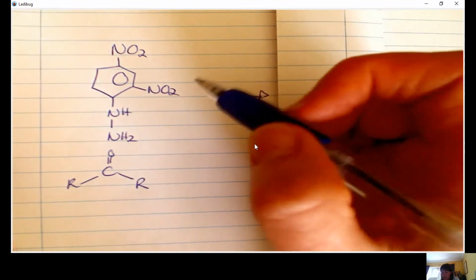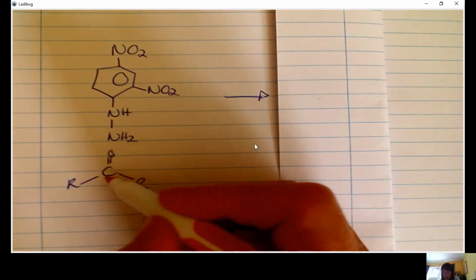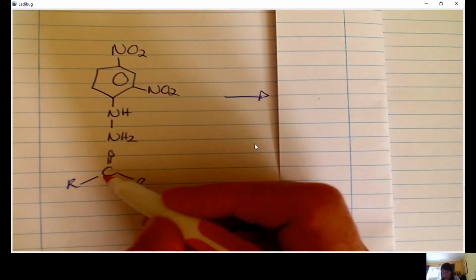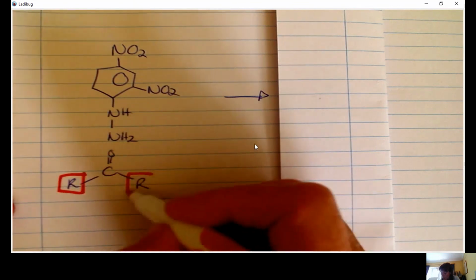So if the product is going to be unique to the original carbonyl compound, let me get a red pen that will show out nicely. Now, all carbonyl compounds contain this, but the specific starting carbonyl compounds will have unique R groups.